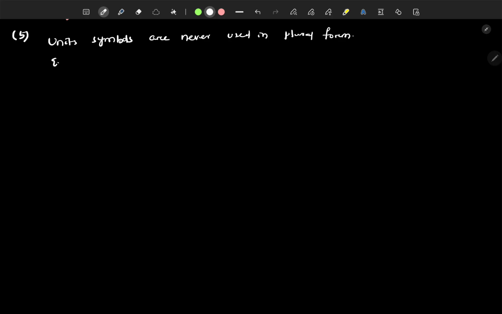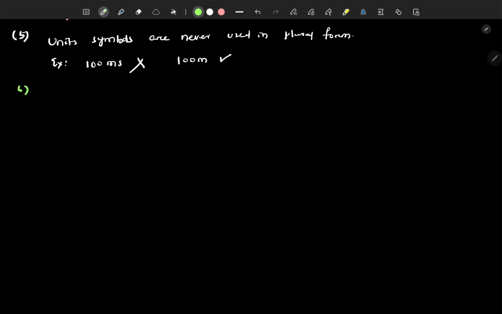For example, 100 meters, if you write like this, it is wrong. Write 100 m. No need to write in plural. If you write in plural form, it is wrong.